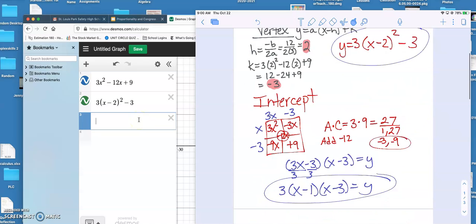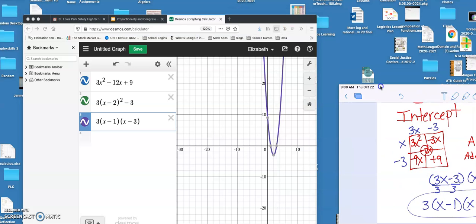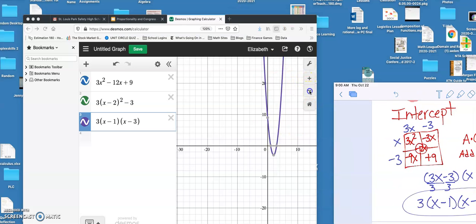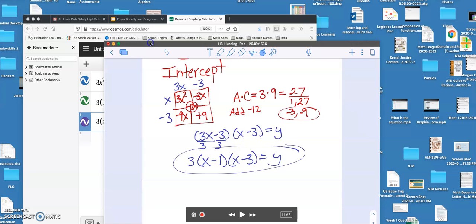And then what did we have for intercept form, 3(x minus 1)(x minus 3)? If we look at our graphs, you'll notice we only have one graph on here. If I turn off the purple, the green, and the blue and click them on, they're all the same graph. That's a nice way that we can double check our work.